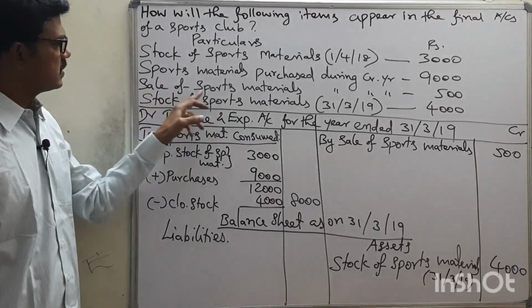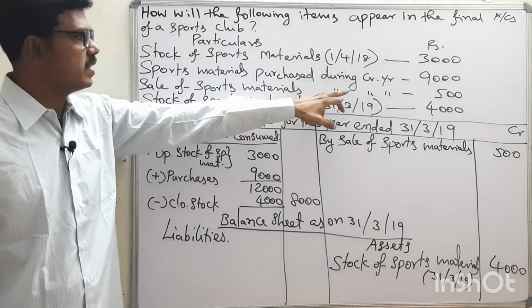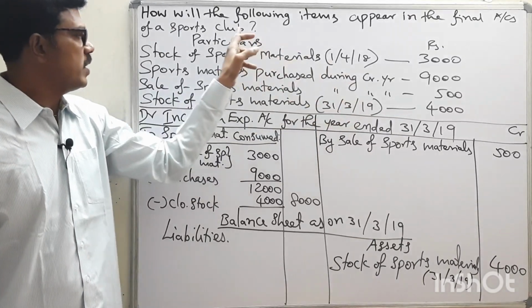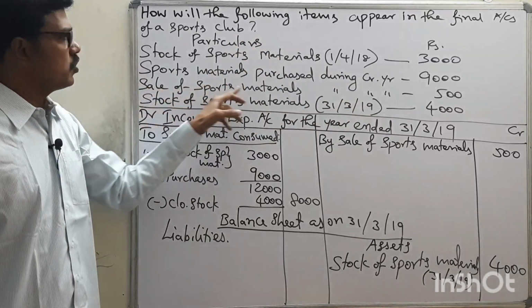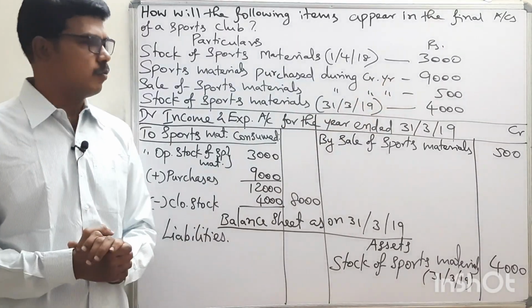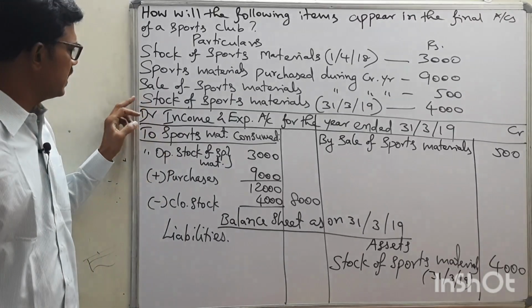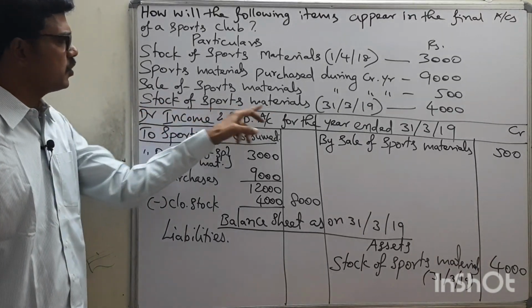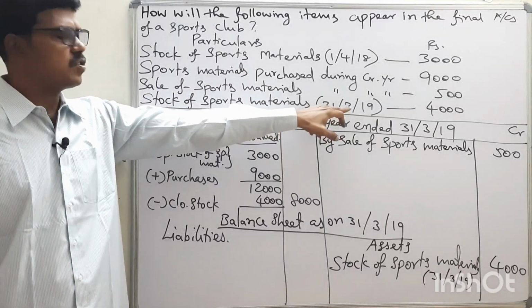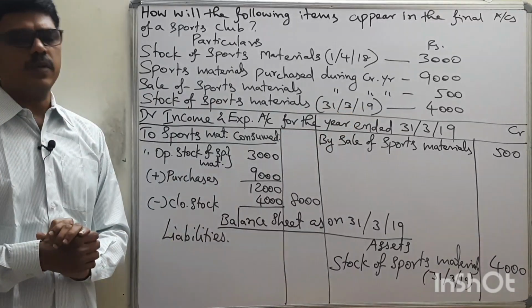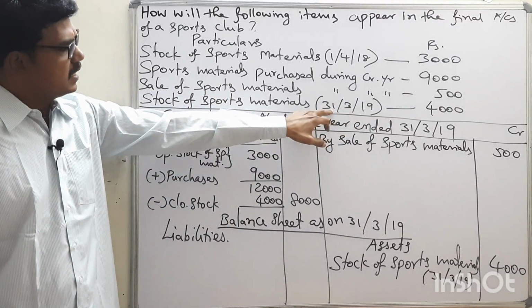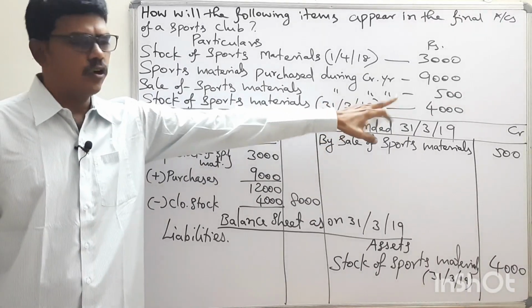Next, sale of sports materials during the current year. The club has sold some sports material worth 500 rupees. Finally, stock of sports materials on 31st March 2019. 31st March means year end, right? At the end of the year, 4000 rupees.